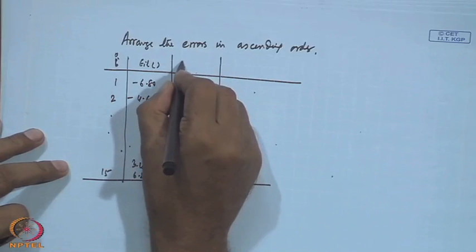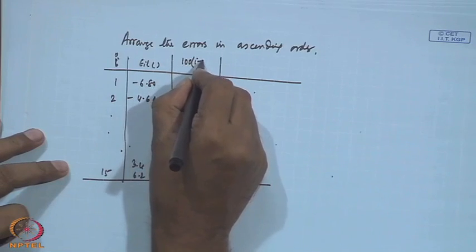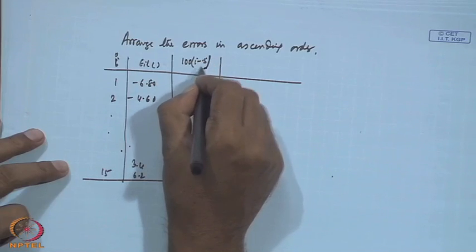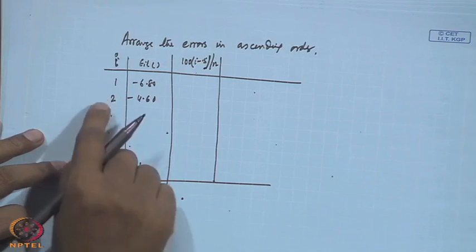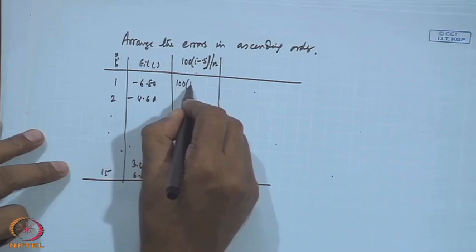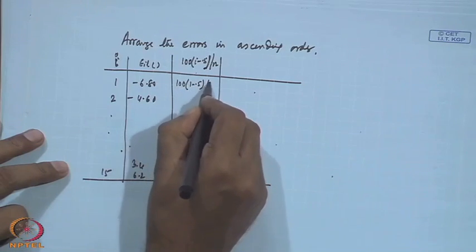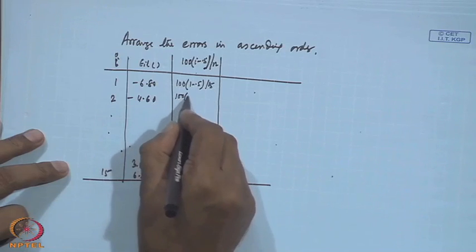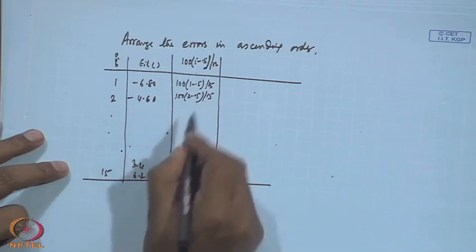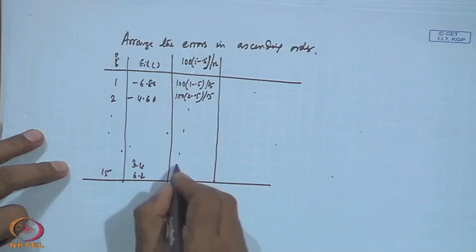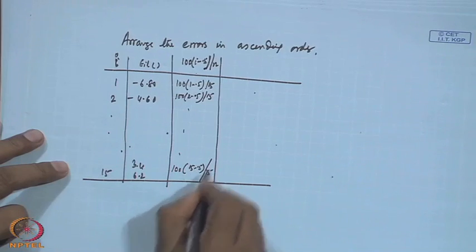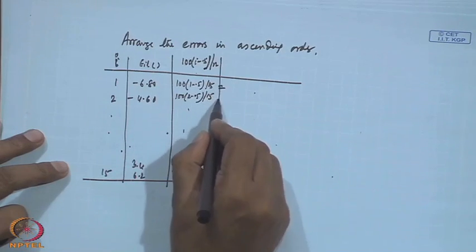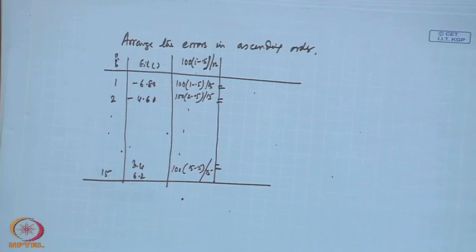What is required to be written here? 100 into (i minus 0.5) by n. So it is 100 into (1 minus 0.5) by 15, 100 into (2 minus 0.5) by 15. In this manner you will write, for the last one, 100 into (15 minus 0.5) by 15. What value will you get?